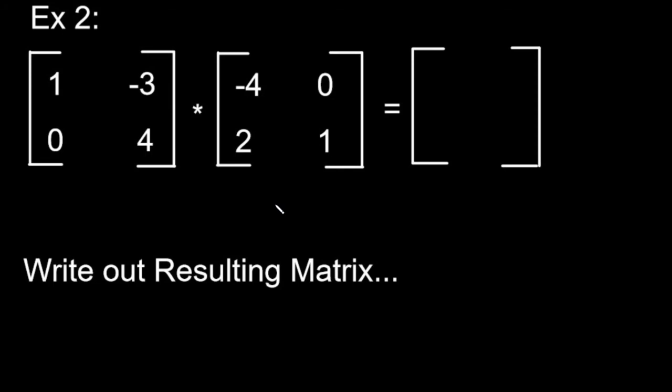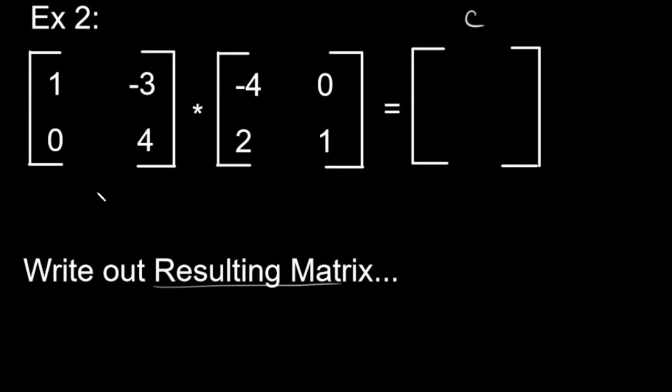All right, so now if you guys want, actually, if you want to help yourself out the most, try to work this 2 by 2 times 2 by 2 out. And we're going to call this matrix C because why not? So my advice to you is write out the resulting matrix. And to do that, you'll need to know the dimensions of the resultant matrix.